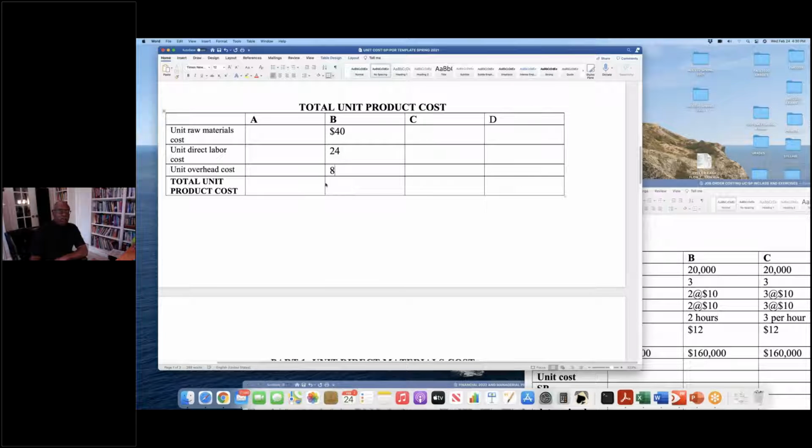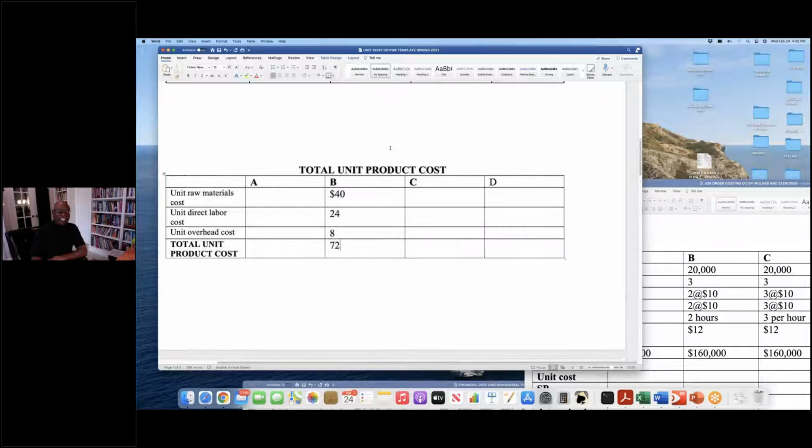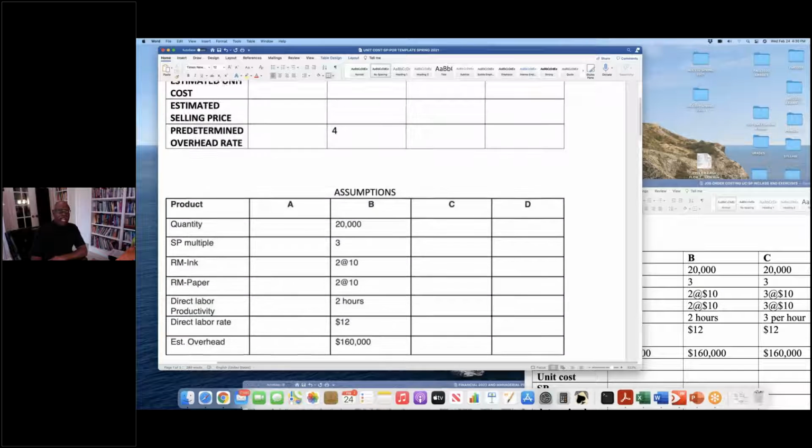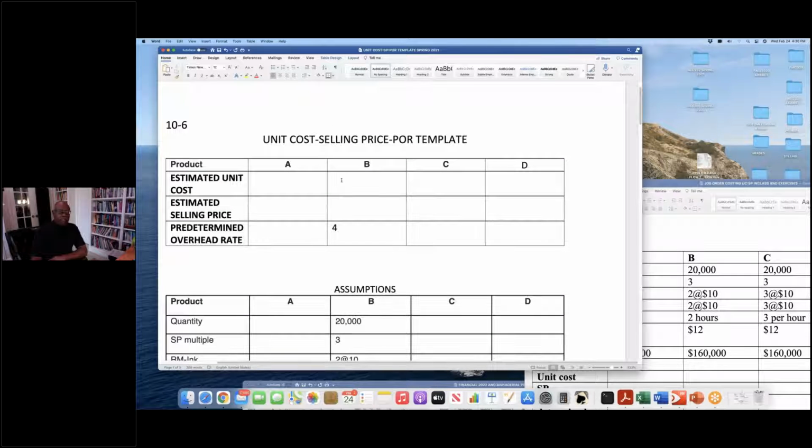What is our total unit product cost? I add all 3 together: 64 plus 8 is 72. Is that right? That's right, 72. So now we take the 72 up here.